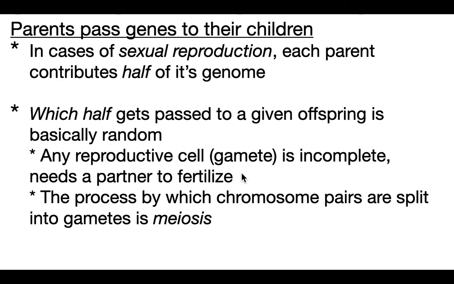But it's important to note that those two gamete cells, each of which are what we call haploid, so they have half of the entire genome in them, are going to be the same kind of gamete. If you are a reproductive male, then your DNA gets split between 2 sperm cells. If you are a reproductive female, then your DNA gets split between 2 egg cells. So I want to make that point clear.